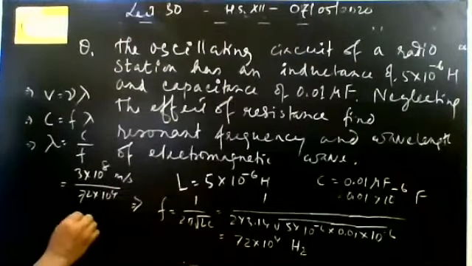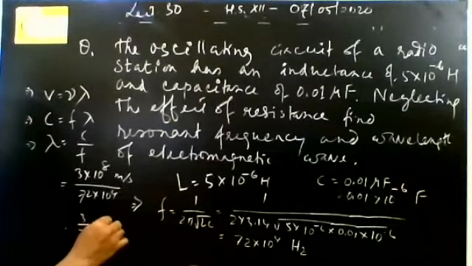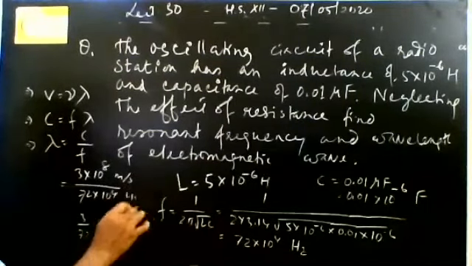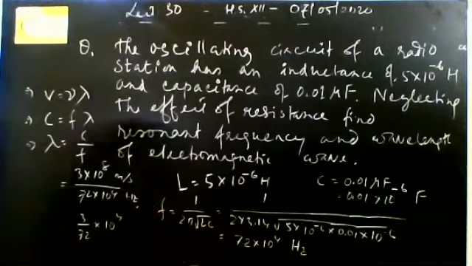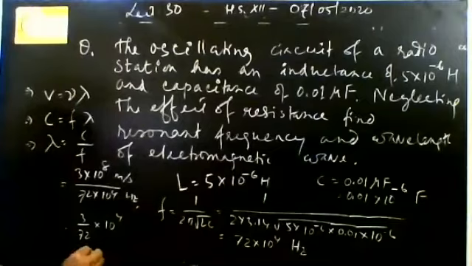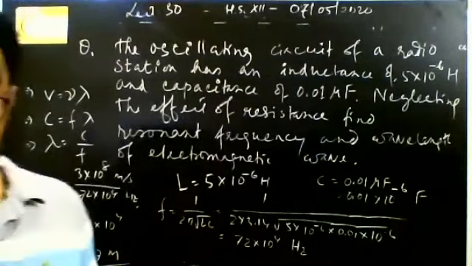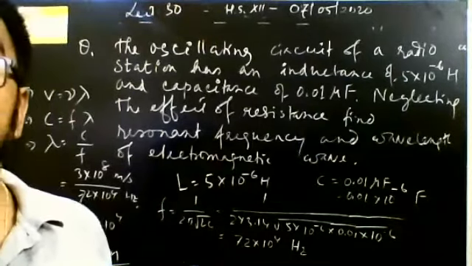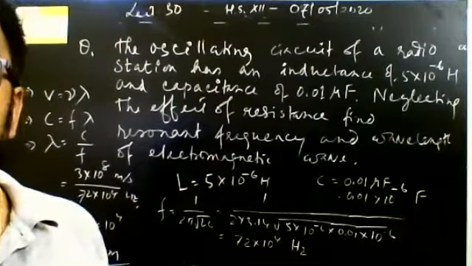Okay. So 3 by 72 into 10 to the power 4. This is hertz. Okay. So 3 by 72, ultimately 417 meter. 417 meter. You'll get the answer like this. After calculation, you will get the answer like this. Okay. So I think you will be able to do this.